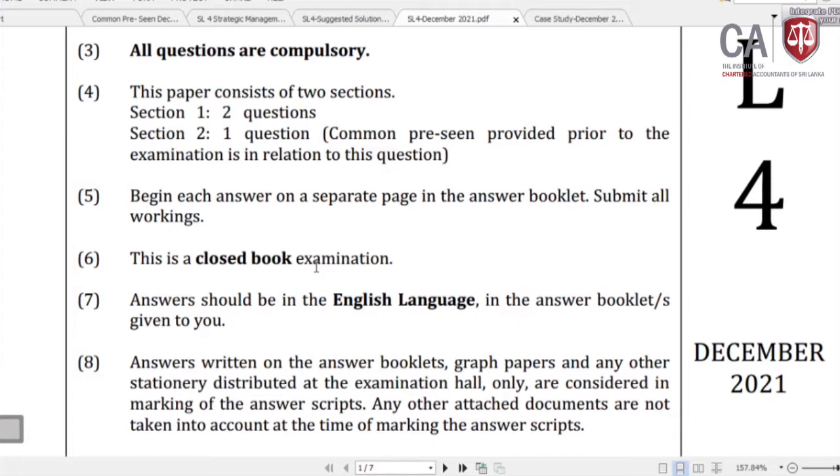Why? As students, you have to remember all the theory area, since this is a closed book examination.